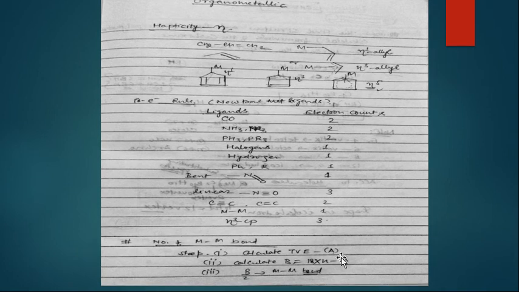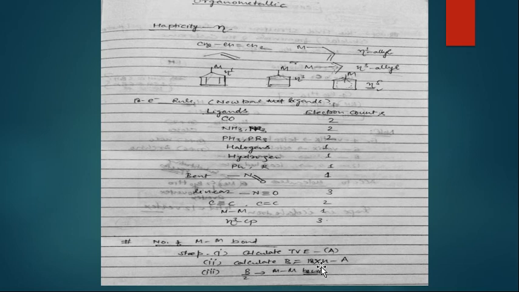Now I will calculate another important thing, the metal-metal bonds. In step one, we calculate the total valence electrons, which is denoted by A. In the second step, we calculate B. B is 18 into N, where N is the number of metals, minus A, the total valence electrons.